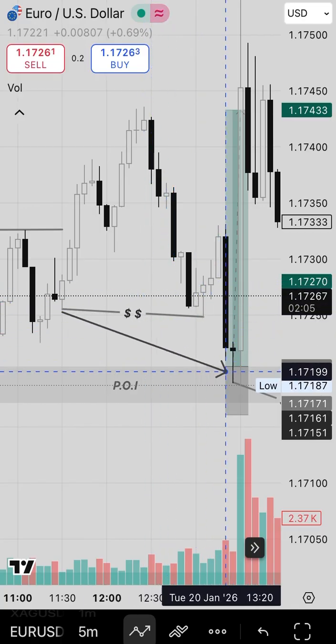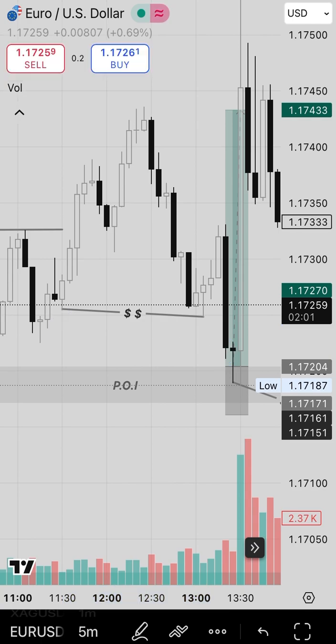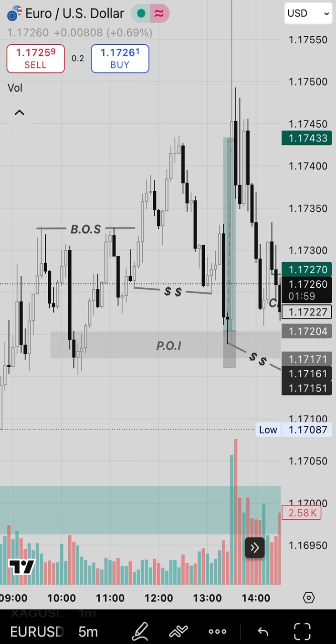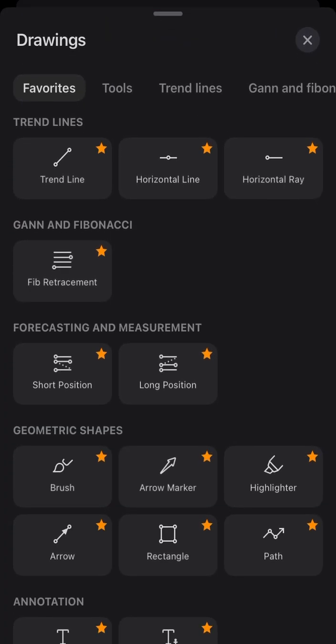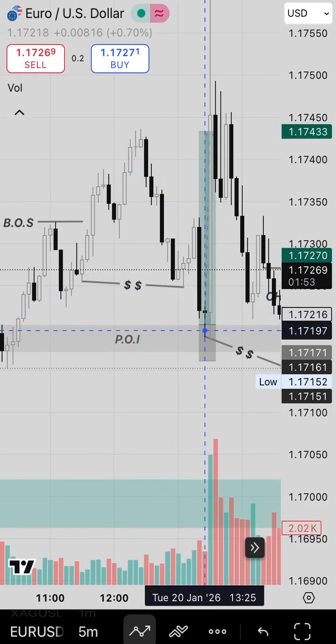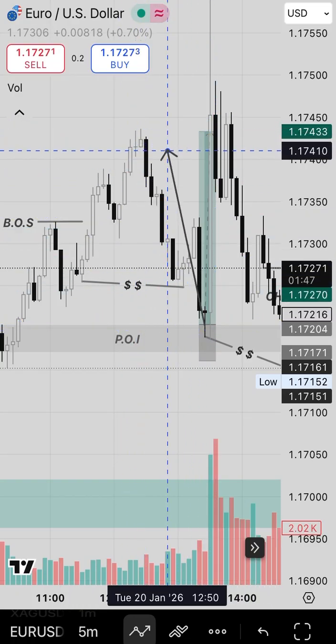So remember, market dropped into our point of interest. If you observe, market tapped into our point of interest and gave us this profit, clearing this high.